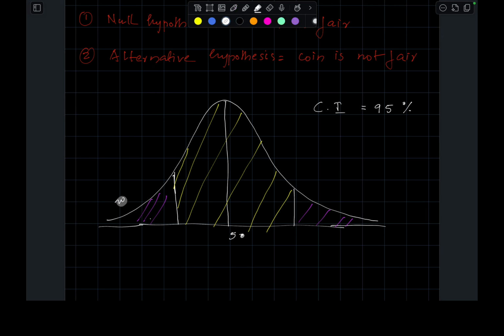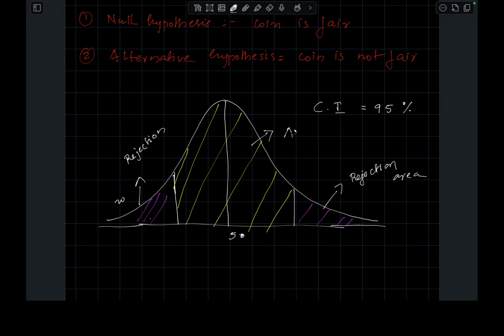So these two areas are my rejection areas, and the part which is shaded in yellow is my acceptance area.